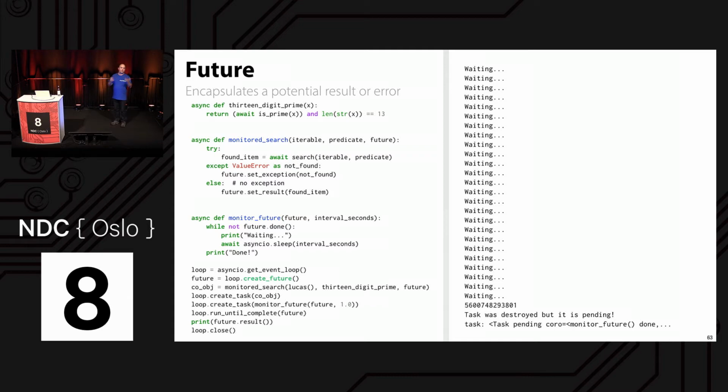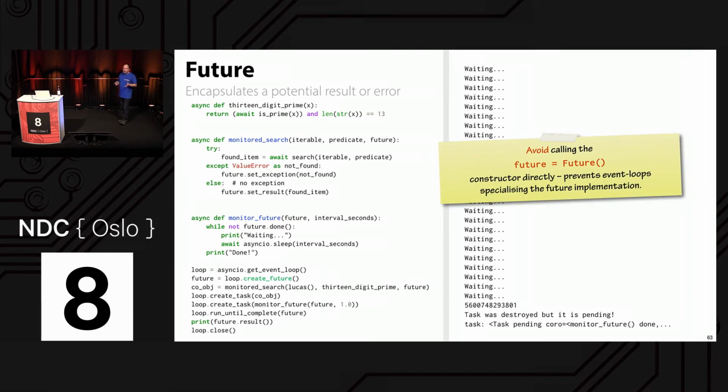So we're going to run these two tasks simultaneously, but they're both using the same future instance to essentially communicate. You'll also notice when I run this on the right there, we get an error from asyncio, the event loop, saying, hang on, when this program finished, there was a task destroyed. I had to destroy a task, but it was still running. It hadn't completed cleanly. We'll come back and fix that error later.